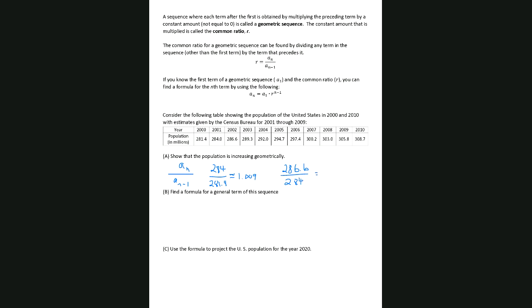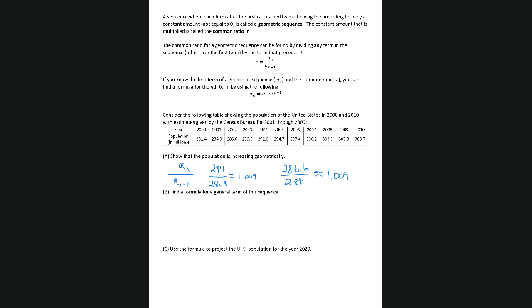And when I divide, I get approximately 1.009. And you'll find that if you divide 289.3 divided by 286.6, you'll get 1.009. If you divide 292 divided by 289.3, you'll get 1.009.